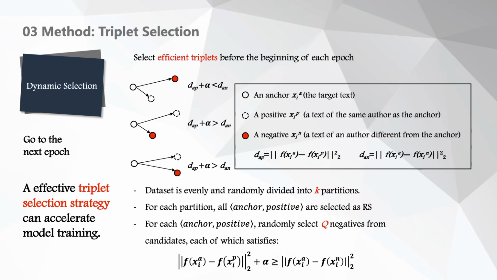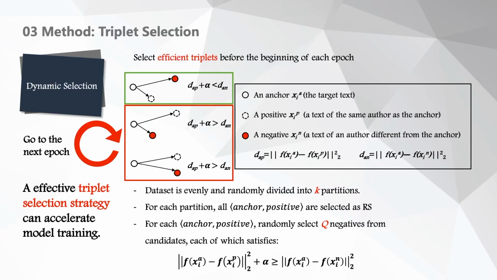To put it simply, we filter out those triplets that already meet our goal, which is the first case in the graph. Lastly, we randomly select one negative from the candidates to compose the triplet and throw them into the next epoch. This selected triplet has a positive impact on the overall loss value, which improves efficiency.